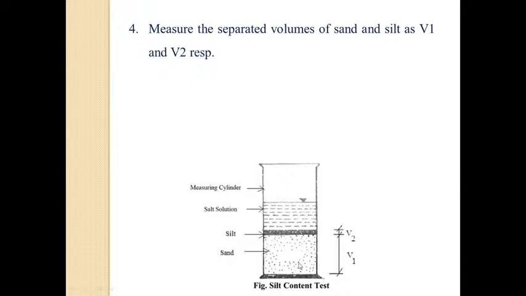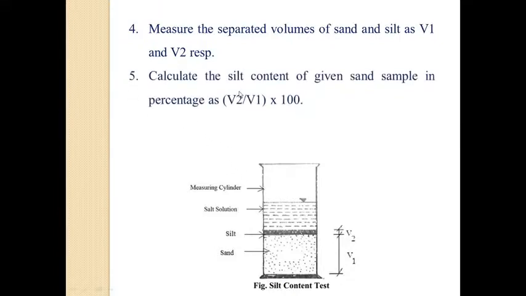Here we can see after 3 hours in this measuring cylinder, sand has settled down and the silt content is over the sand. V1 is the volume of the sand and V2 is the volume of the silt content. Then calculate the silt content of the given sand sample in percentage as V2 upon V1 multiplied by 100, where V2 is the volume of silt and V1 is the volume of sand.